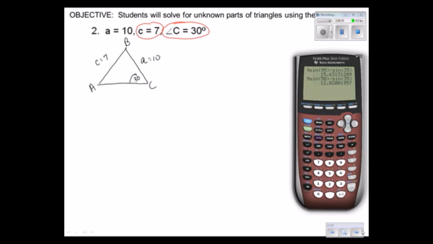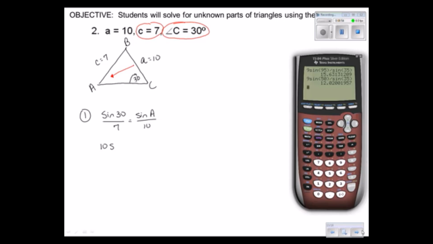This time I can't start with just finding an angle measure by subtracting from 180 because I don't have enough information. But what I do know is I have the measure of a side across from an angle. So I'll begin this example by finding the measure of angle A. So I have the sine of 30 divided by 7 is equal to sine of angle A divided by 10.